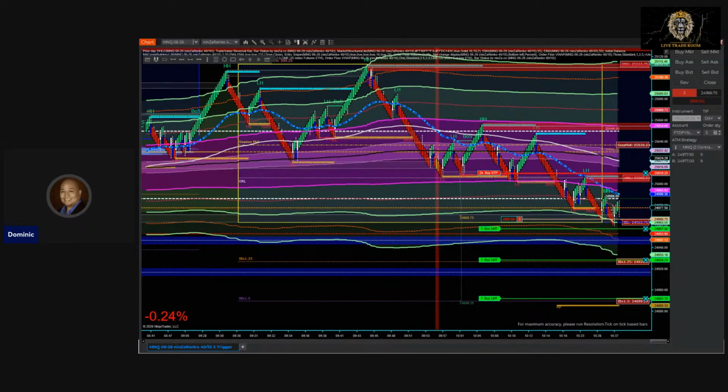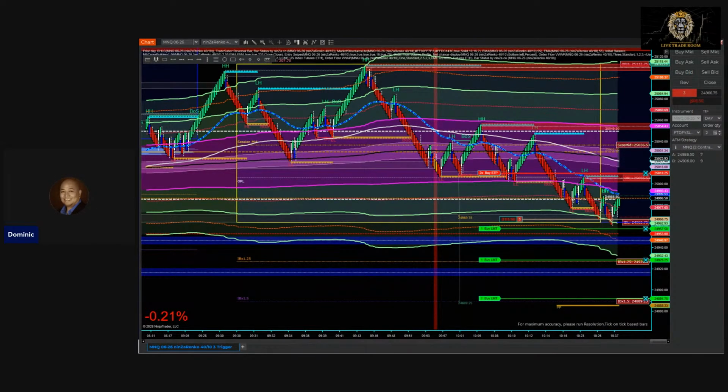Just playing around right now. Yeah, it's just playing around. Trying to get some traders shaking, including me. But you know what? I'm just playing the odds right now. So let's see, bounces off the 55 here.